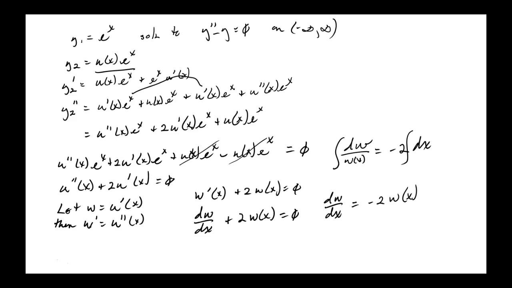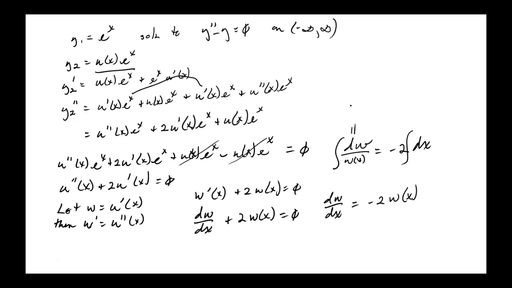But the left-hand side is all w's, and what's the antiderivative of dw over w? Isn't that log w?